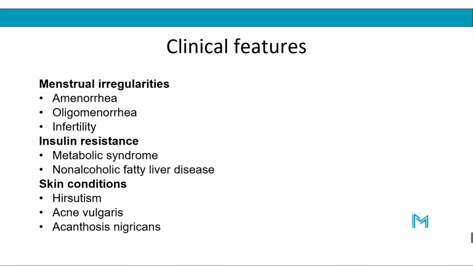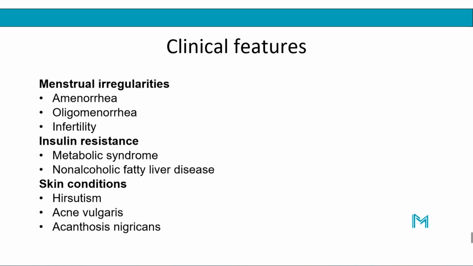So, which other clinical features do you see in patients with polycystic ovarian syndrome? As I said, polycystic ovarian syndrome is also known as Stein-Leventhal syndrome. It's a common hormonal disorder typically seen in females and typically tends to present in adolescents. The features that they present with are the features of hyperandrogenism.